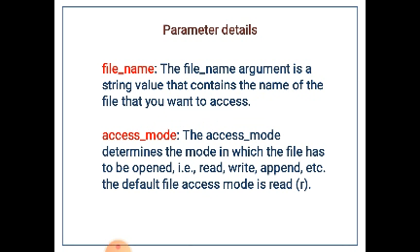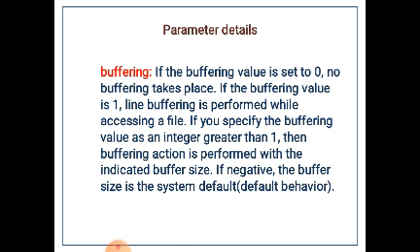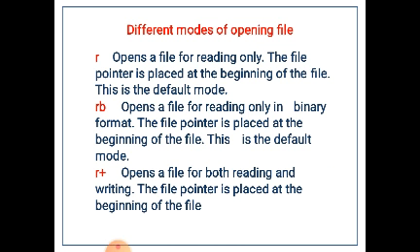We can see the parameter details that were inserted in the syntax: the file name which contains the name of the file, the access mode, the purpose of opening the file, and the buffering which indicates the buffering value.